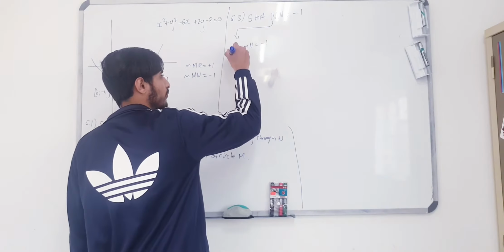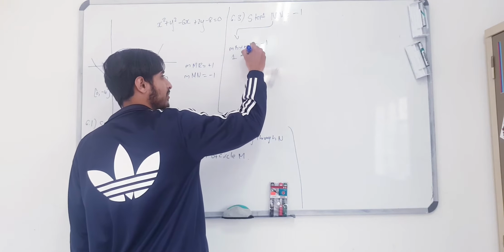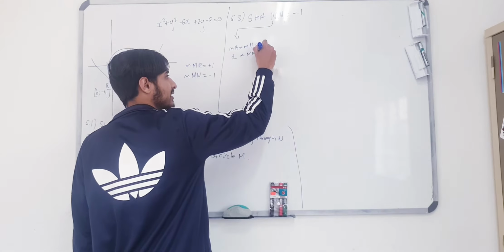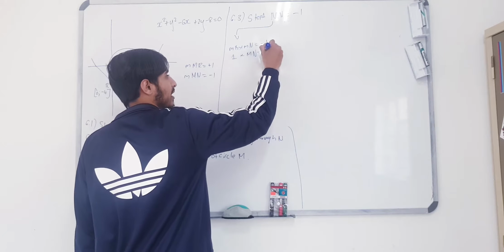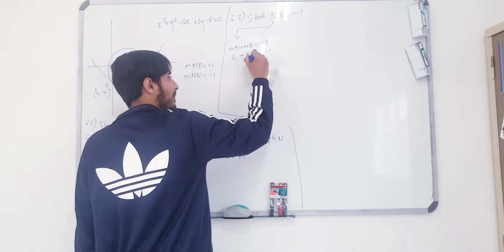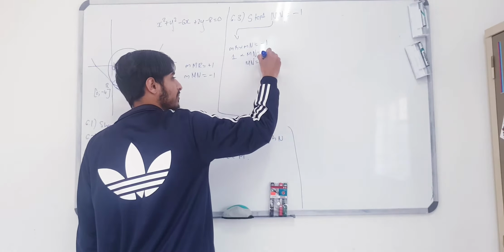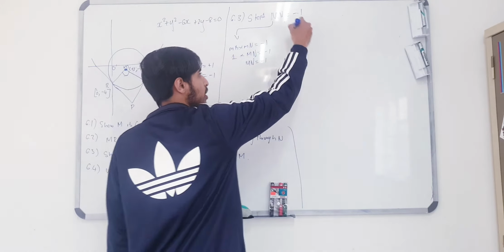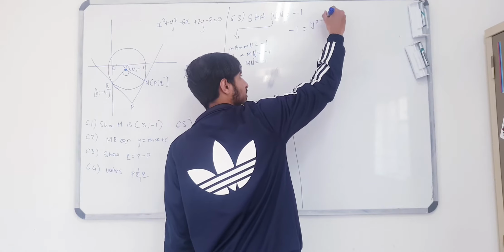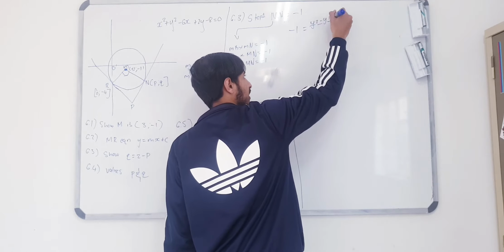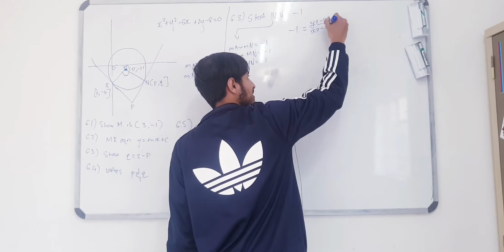Then you could have put 1 in there multiplied by the gradient of MN equals minus 1, then you would have had MN to be minus 1. That's how I've solved it. So now I know that's minus 1. Then I know my gradient formula is y2 minus y1 all over x2 minus x1.